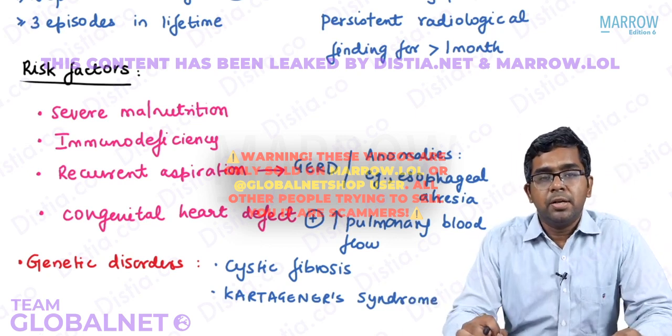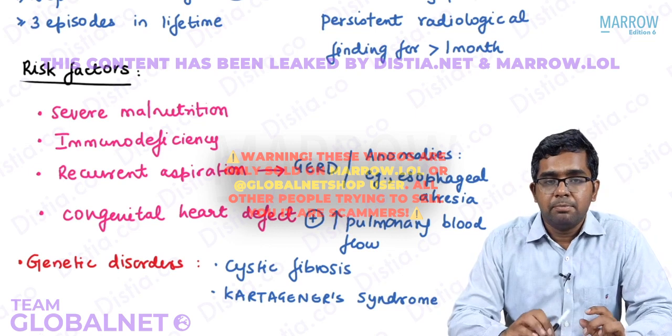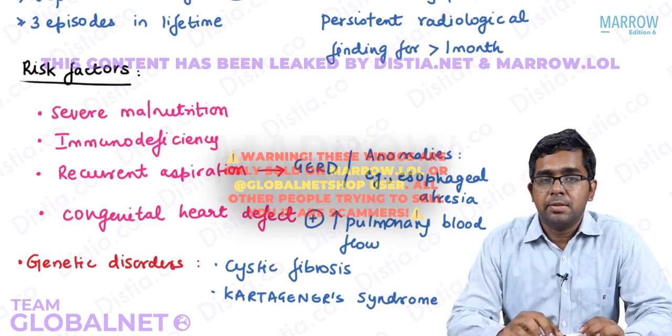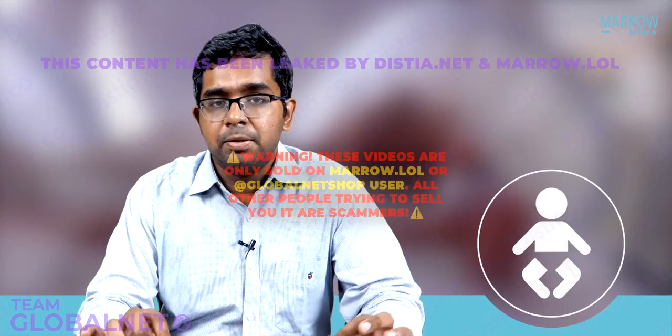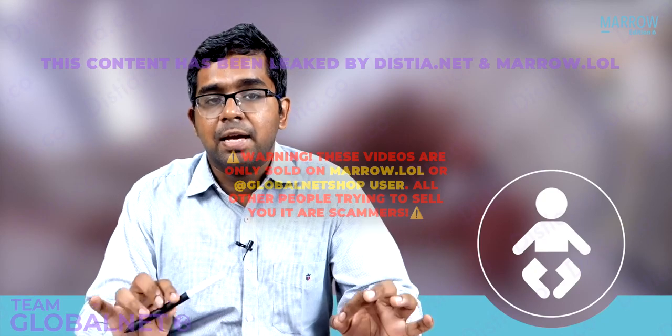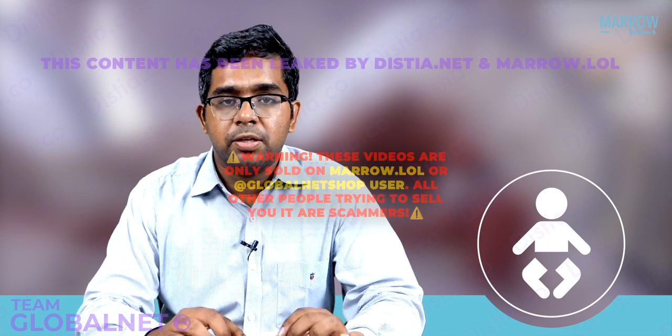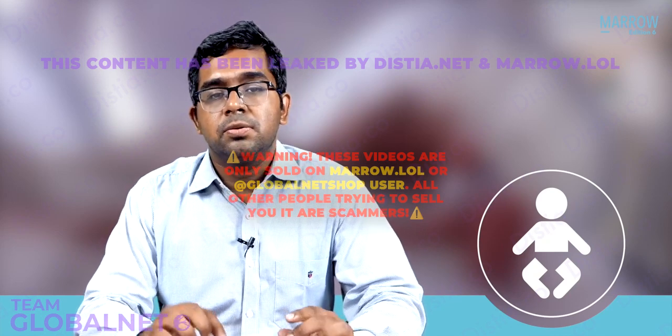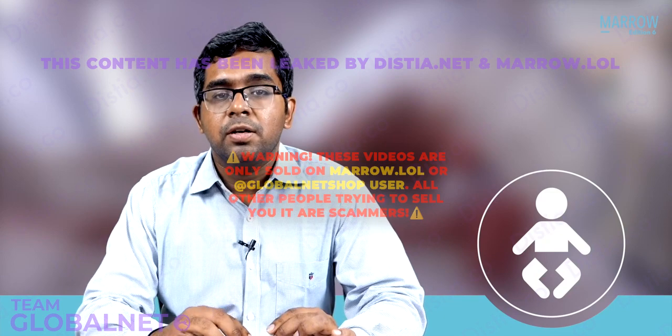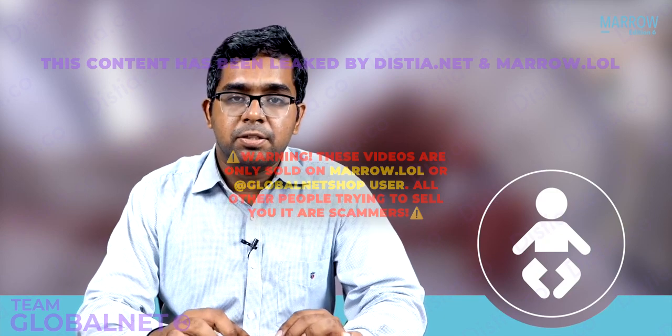These are the important risk factors associated with the development of recurrent or persistent pneumonia in children. So please remember, you have to identify these risk factors and correct these risk factors. Only then the future episodes of pneumonia can be prevented. So this completes our discussion of lower respiratory tract infections in children.